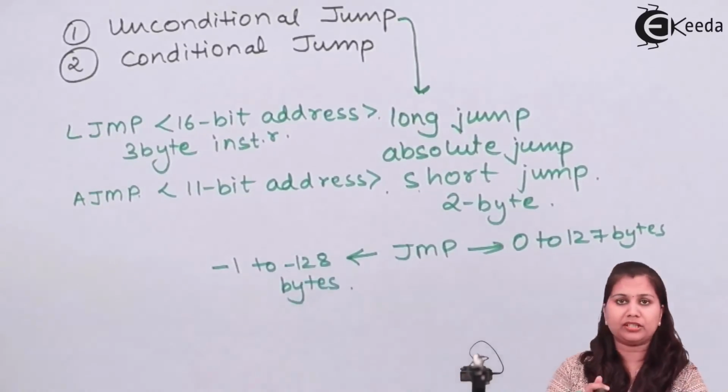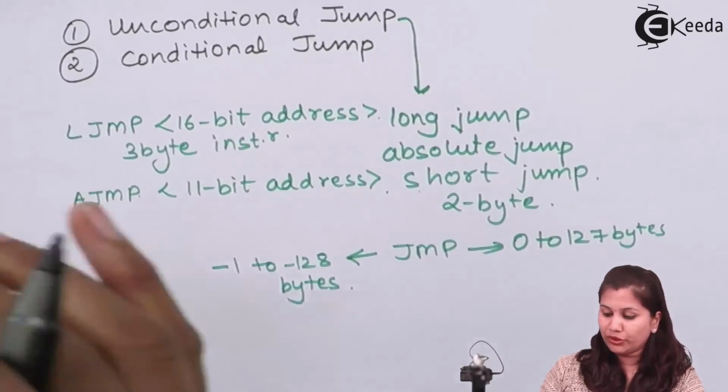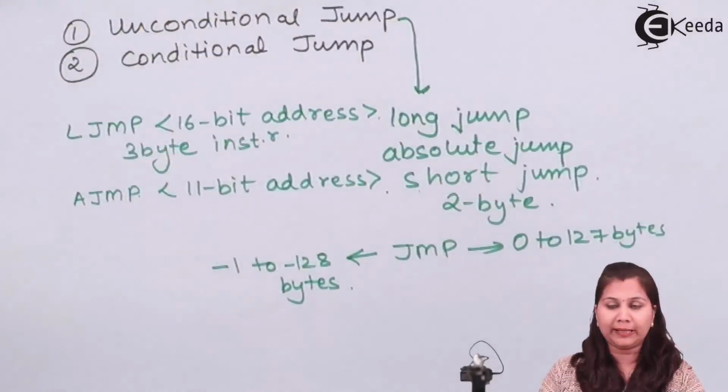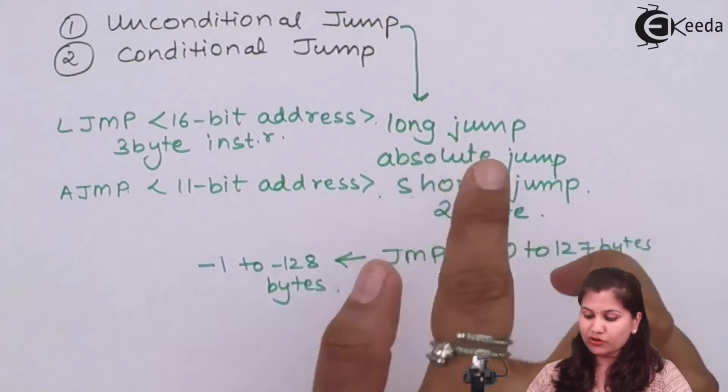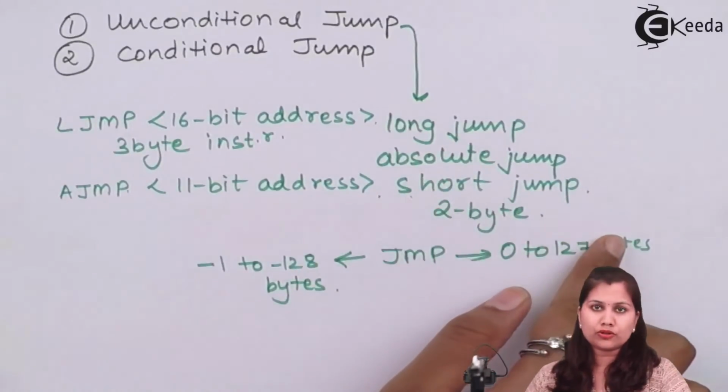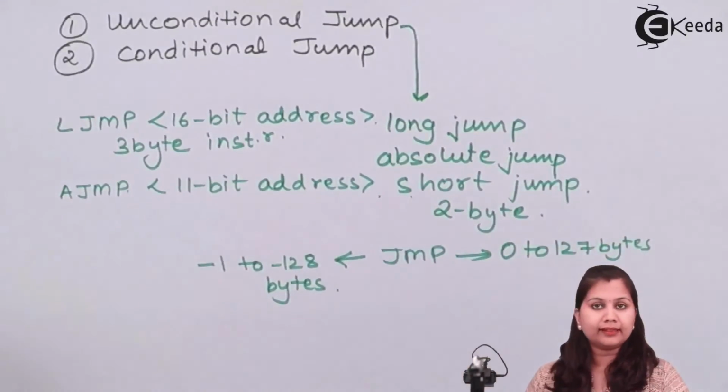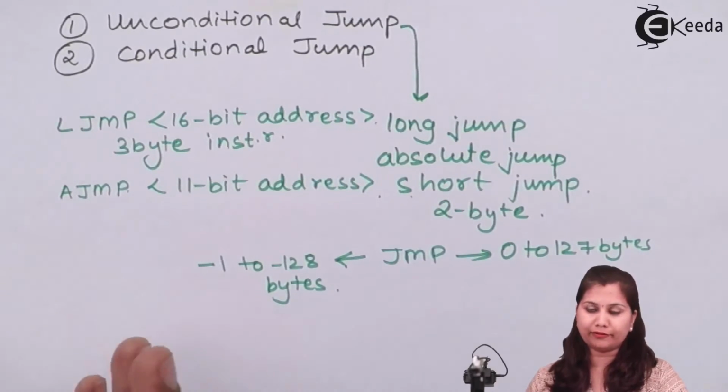Just like what we studied: relative jump, short jump and long jump. So all three types come under the category of unconditional jump, because no condition is specified in them. So the unconditional jumps can be long jump, absolute jump or short jump. In these jumps, the range of the jumping operation is different.